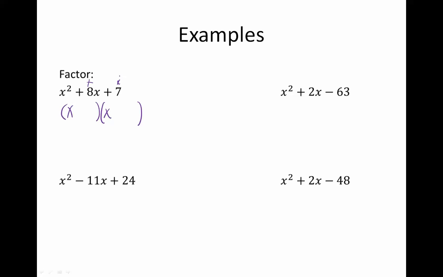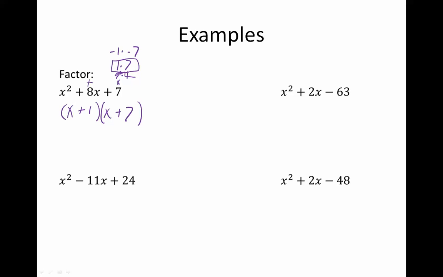My suggestion is if you don't see it right away, just make a list of everything that multiplies to be positive 7. In this case, we have 7 times 1 and 1 times 7. And I should say negative 1 times negative 7 also works. So negative 1 times negative 7 makes positive 7, but does not add to be positive 8. What we need here is this one, which adds to be 8.